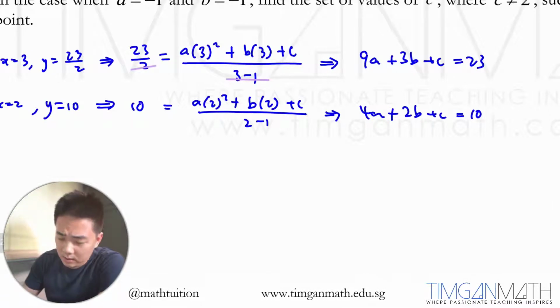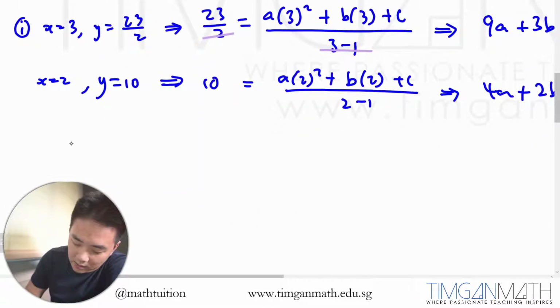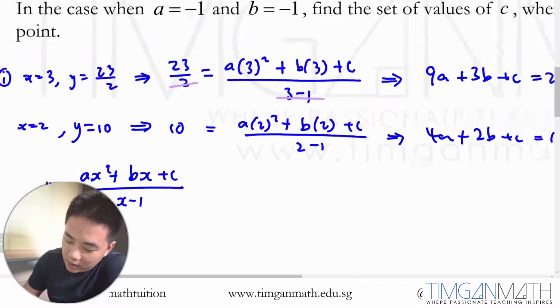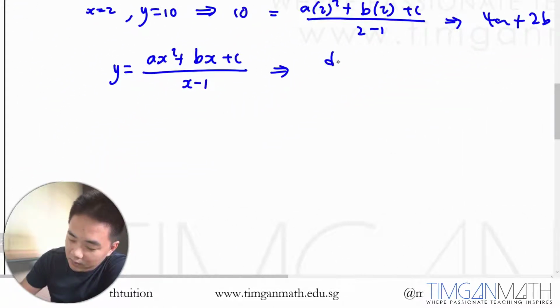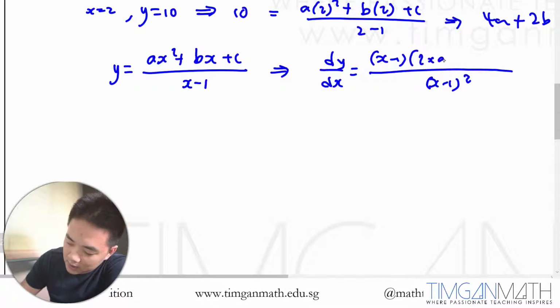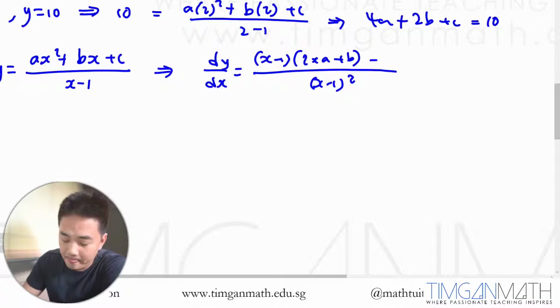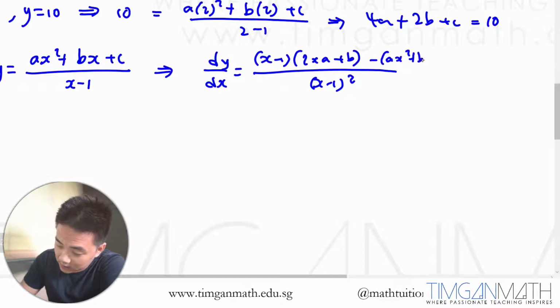Now we need to differentiate this expression. y equals ax squared plus bx plus c over x minus 1, am I right? So if I differentiate this, dy/dx equals x minus 1 squared, times x minus 1 times 2ax plus b, minus, using the quotient rule, v du/dx minus u dv/dx.